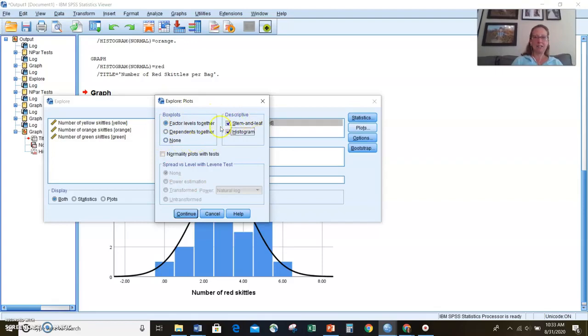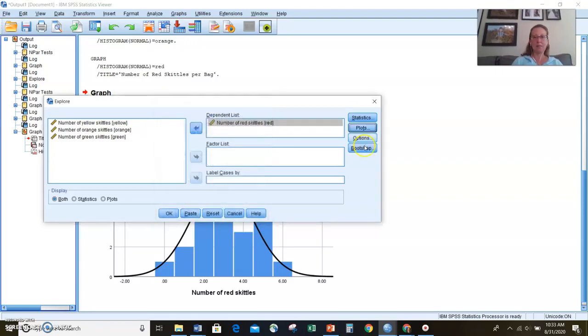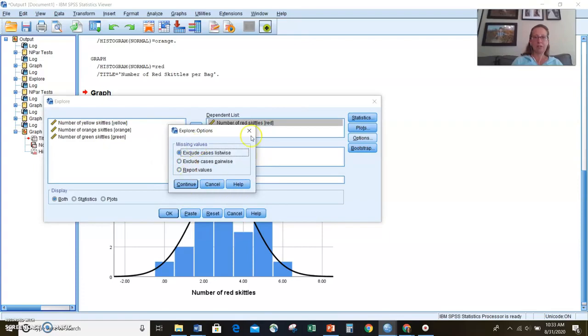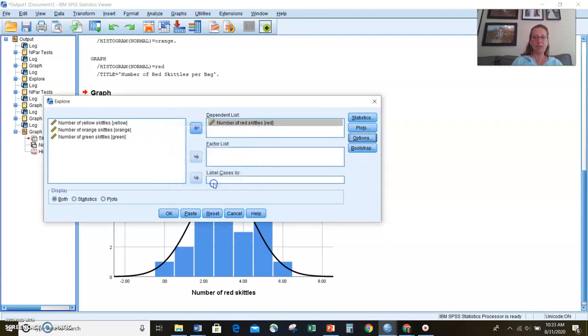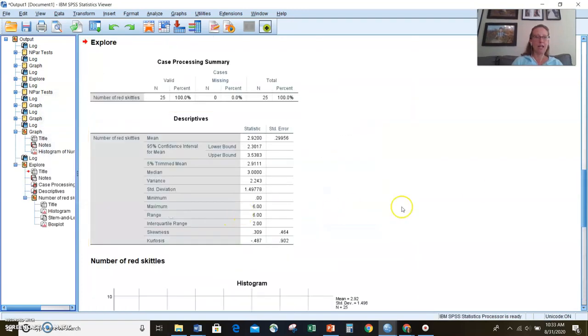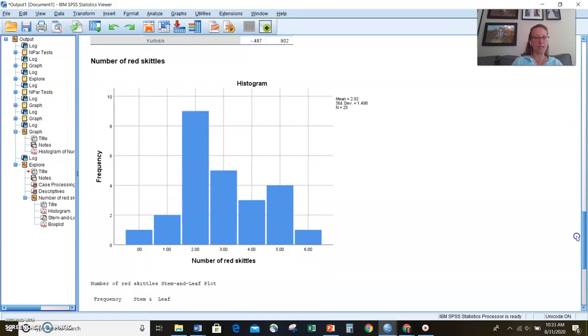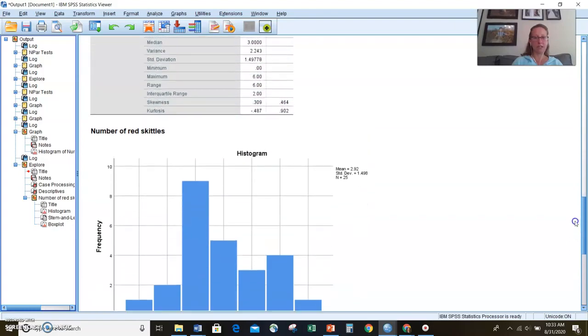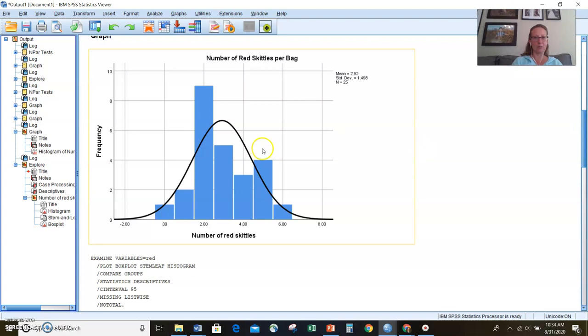Box plot's fine, stem and leaf's fine. Continue. And then if we take a look at options, we don't need to change anything there. So we made sure with plots that we asked it to give us a histogram. When you click OK, you'll notice you got the histogram, which looks kind of like the other one, but it doesn't have a normal curve or outline guide on top of it to help you eyeball it, which is why I like doing it up here.